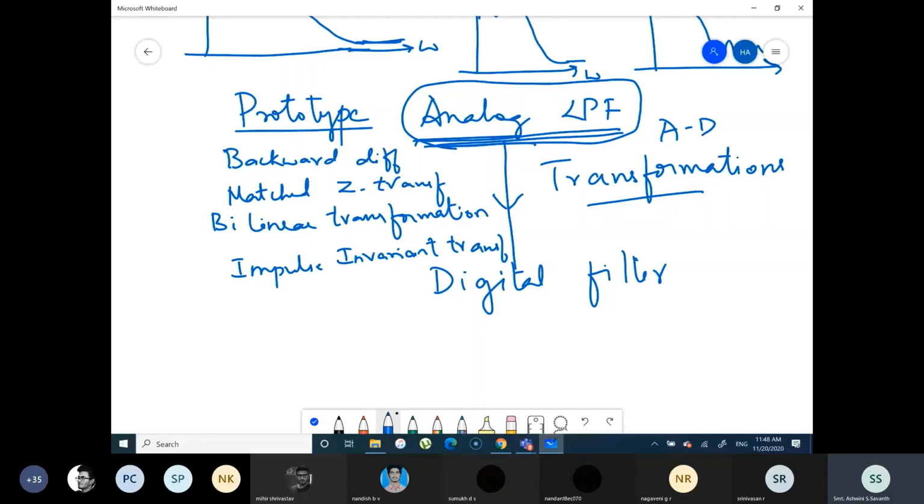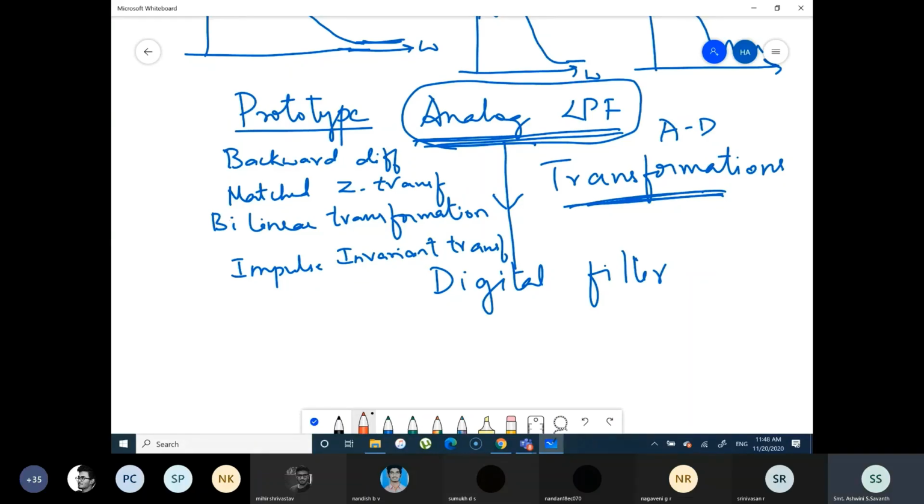And if you have to design the corresponding digital filter, you will have to apply some kind of analog to digital transformation. We have four kinds: backward difference, matched Z transform, bilinear transformation, and impulse invariance transformation. These are the four kinds of transformations which we can apply to convert an analog filter into the corresponding digital filter.